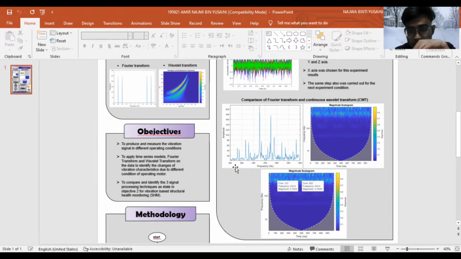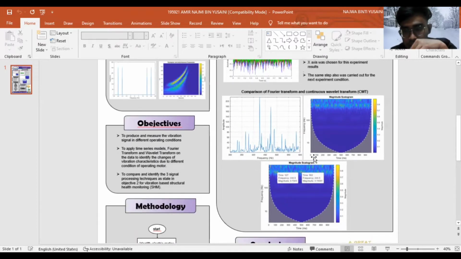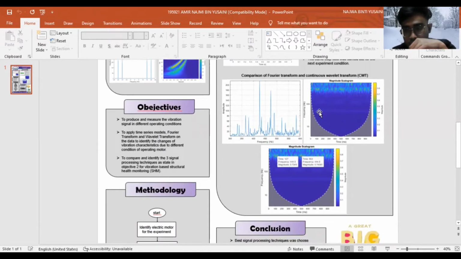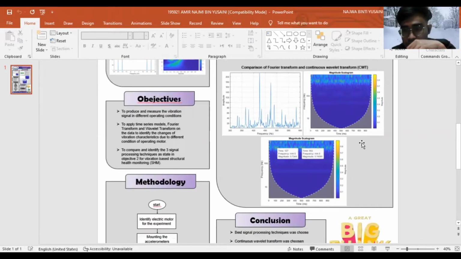In this part, I only take 300 to 600 hertz, as this part has uniform frequency and is also easy to see. Here is the comparison between the frequency and wavelet.